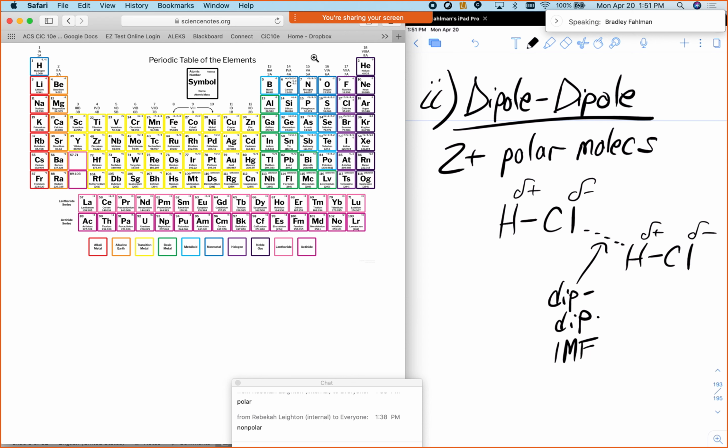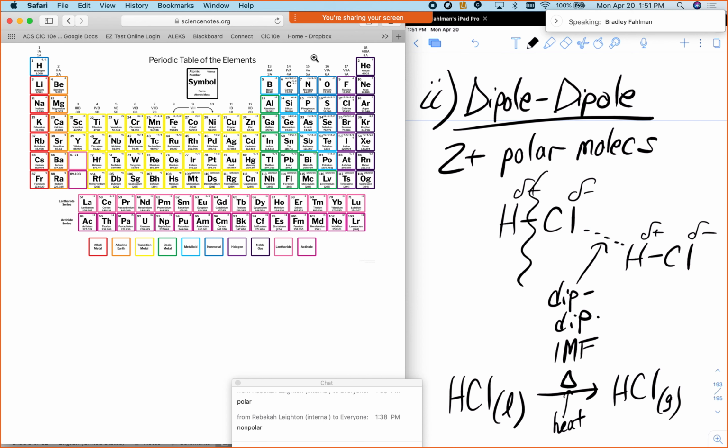So when you heat up HCl, let's say we have HCl liquid, we're going to heat it up, so that's the symbol for heat, and then we're going to boil it, really. What's happening is you are not breaking these bonds, but instead you are breaking these ones.